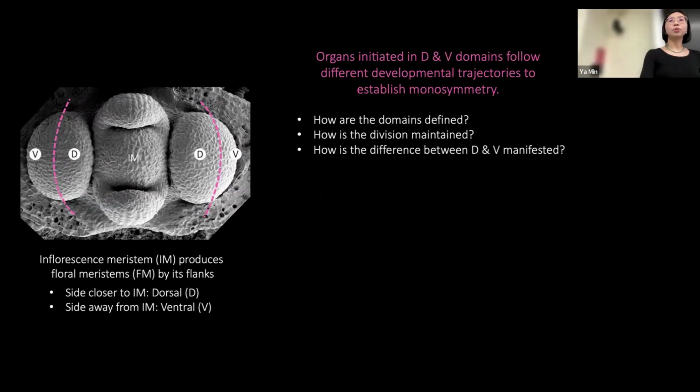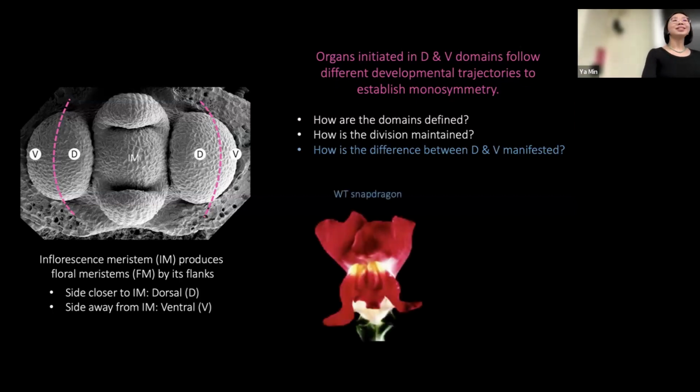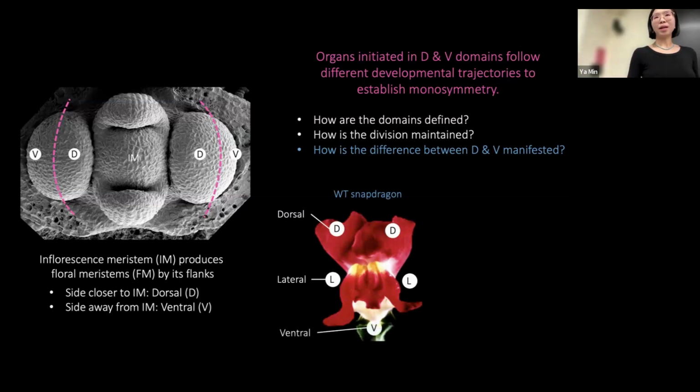Well, for the last part, we actually know something. So in the early 1990s, people were studying snapdragon a lot by studying a ventralized mutant. The snapdragon flower is typically bilaterally symmetric, and it's most pronounced in terms of petal morphology. It has 2 dorsal petals, 2 lateral petals, and 1 ventral petal.